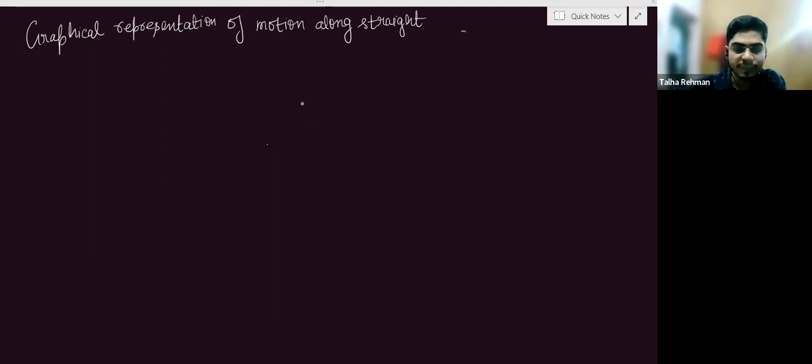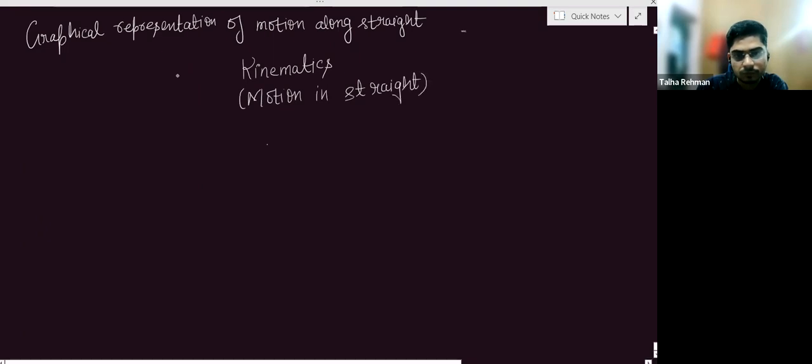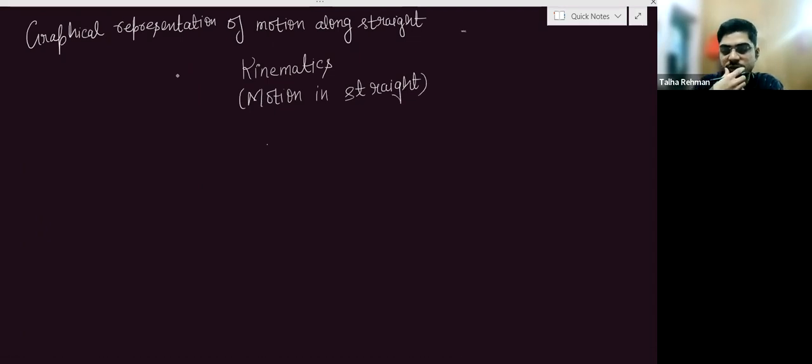Basically, in kinematics that we are studying, we are studying motion in a straight line. So we will discuss basically three types of graph.